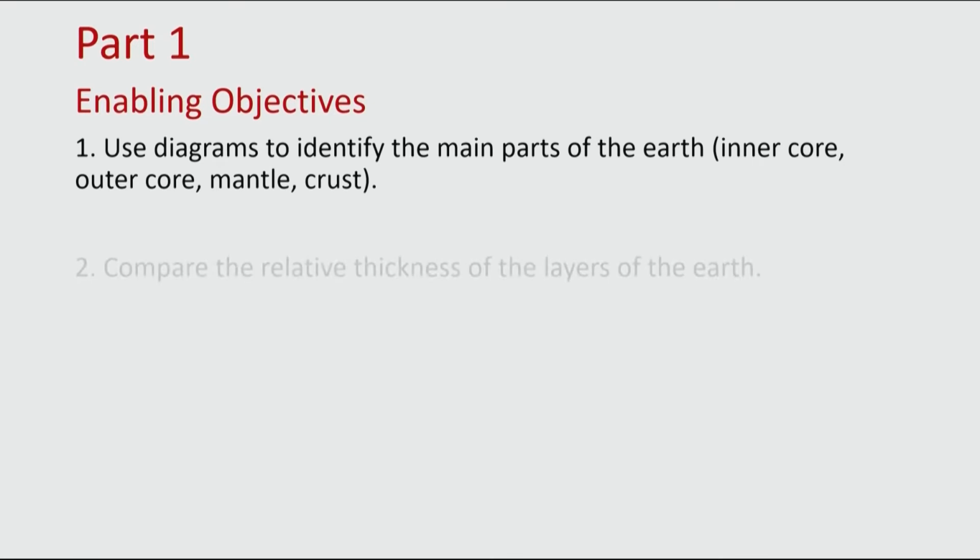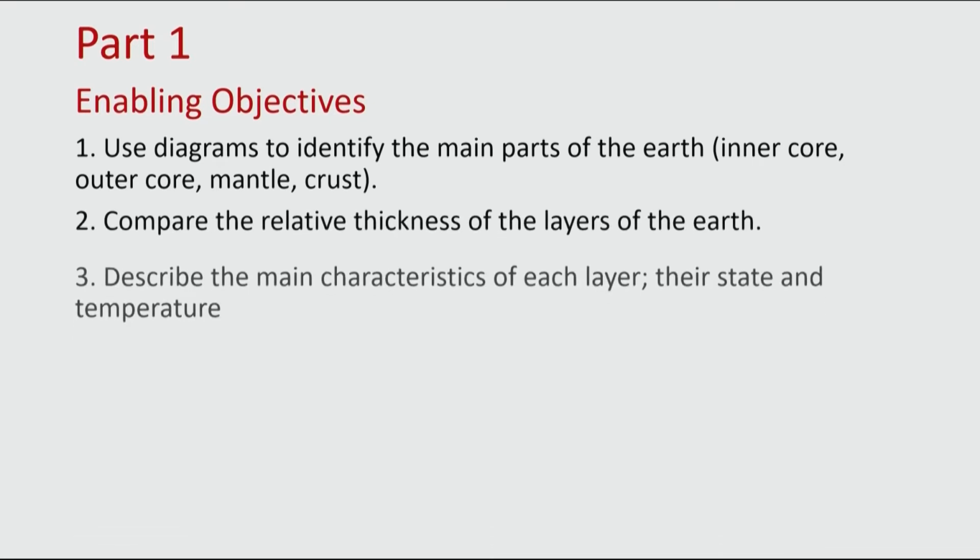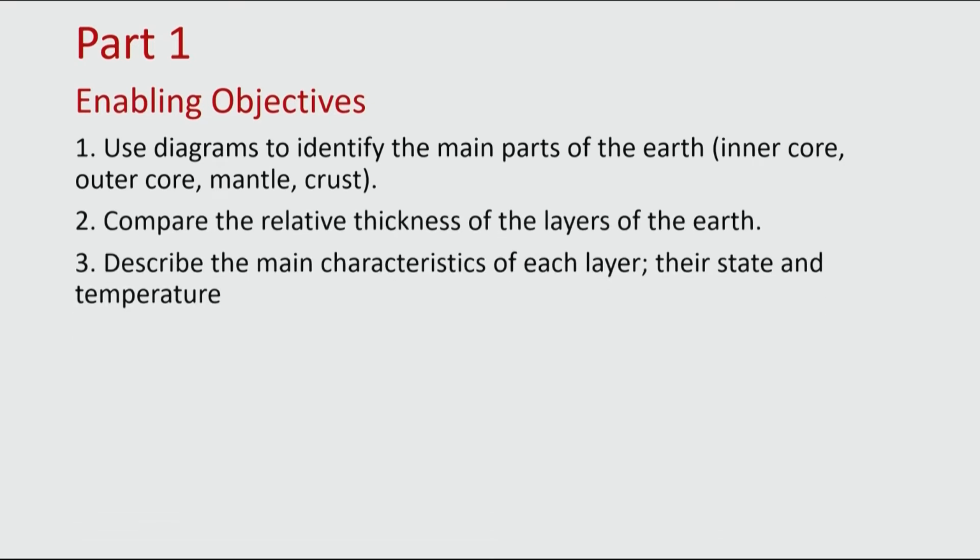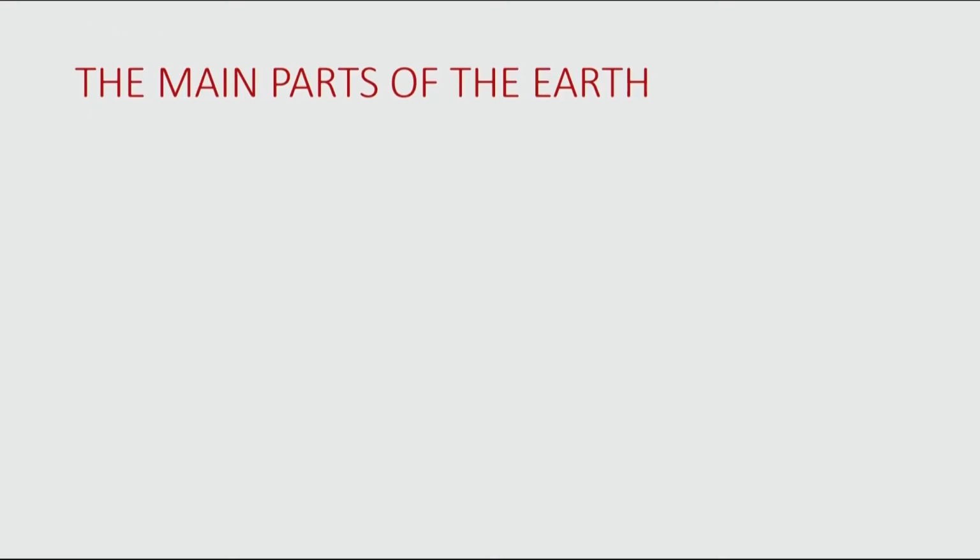So let's focus on today's lesson. We will look at the objectives involved in this lesson. Still, we're looking at the structure of the earth, but we'll take the first 2 objectives from the terminal objectives and divide them into 3.